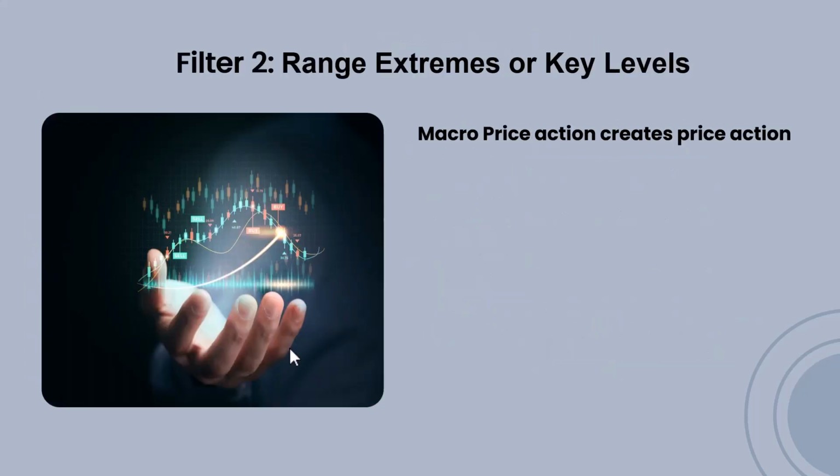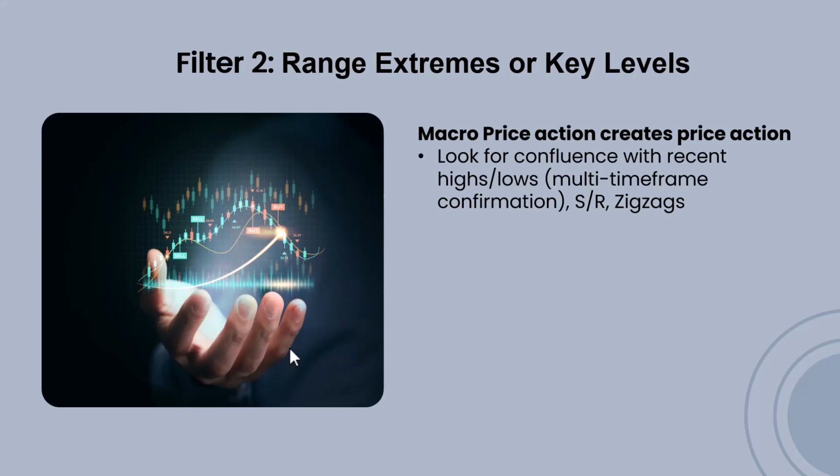The second filter is looking at range extremes or key levels, because we know that macro price action, i.e. the big picture that you see in a full chart, often creates subsequent price action. So for example, if we have a resistance 100 bars back, 150 bars back, then there's a fair chance that once it hits that price level again, it may well pause and reverse.